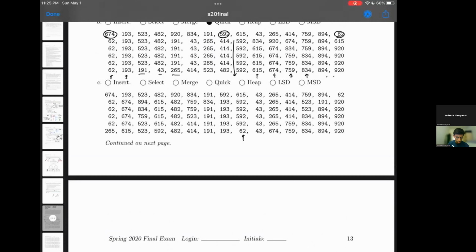Because we have the 62 in the front, and you might say to yourself, well, shouldn't you have the max value at the front? Like, let's say, for example, you have 920 at the front, then you pop 920 out to the back. Well, it could be the case that we're in the middle of the heapification, right? Remember that if I have a heap structure and I'm popping the minimum off, I take this smallest element, this complete.